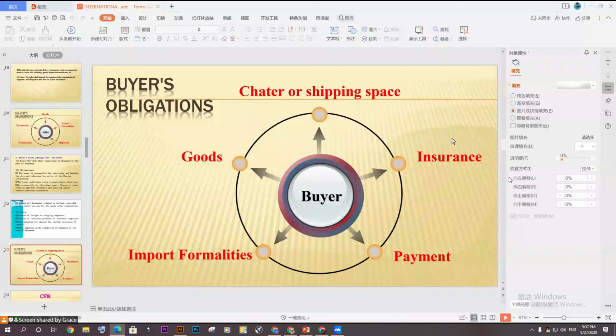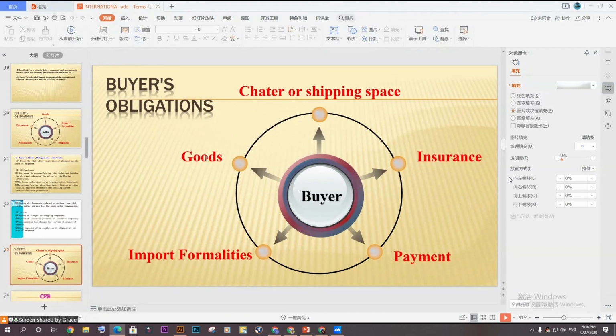And number two is insurance. That means the buyer should make the insurance for their products. And also, of course, the buyer has the obligation of payment. And for a buyer, they have to do some formalities for import, because the buyer is an importer in international trade.